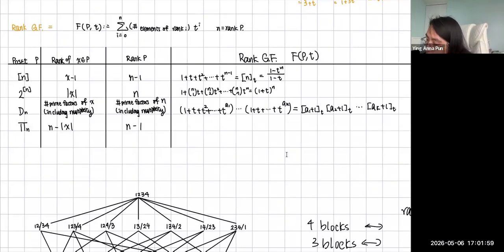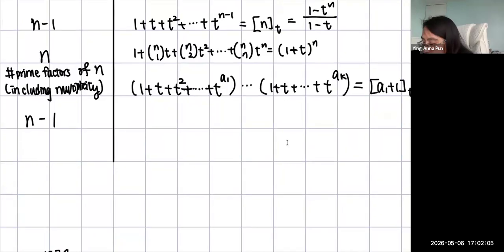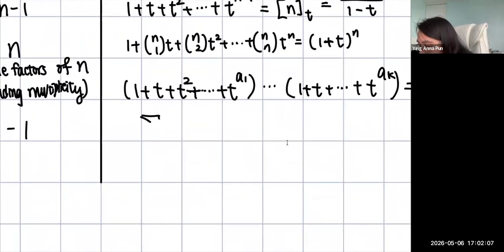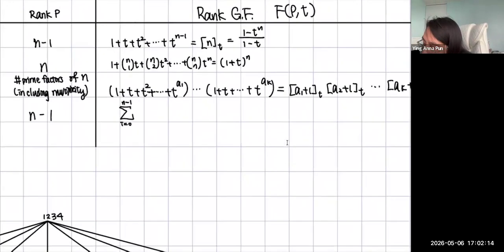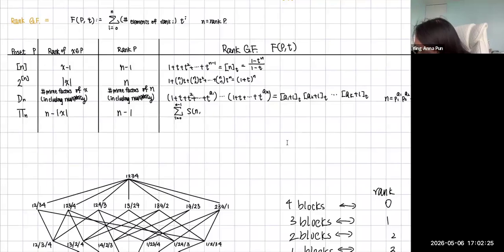Okay, and so the answer here is nothing fancy. I'm just going to write it out using the notation that you count set partitions. So this is sum from i equals 0 to n minus 1 because those are the possible ranks. And then how many things are there? There are the number of elements in rank i, t to the power i.